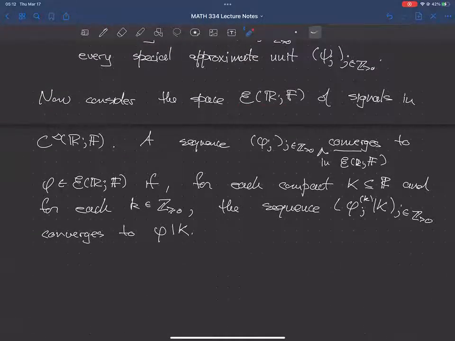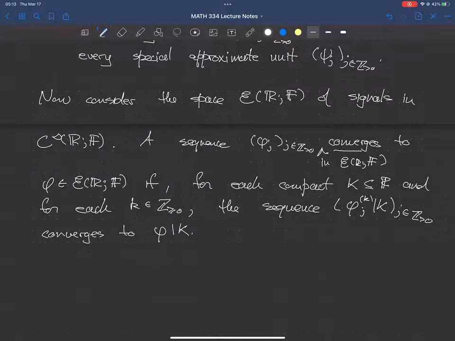This is a classical kind of topology that's often used in many areas of mathematics to do all kinds of different things with the space of infinitely differentiable functions. Okay, and here we're using it to talk about distribution theory.